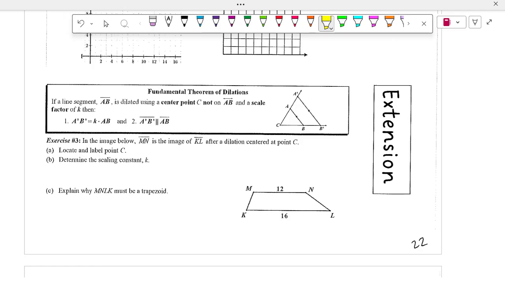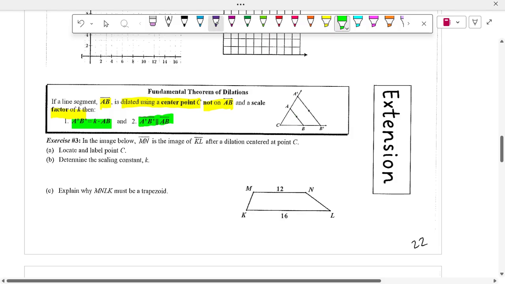We already mentioned this, but if line segment AB is dilated using a center point C, not necessarily the origin, just a center point not on AB, with a scale factor of K, then the segment A prime B prime would be equal to K times AB. So the length of A prime B prime would be K times AB. And those two segments would be parallel.